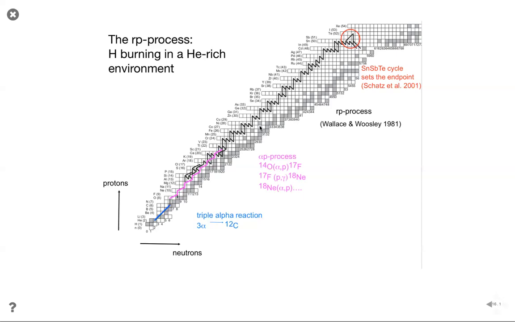This means that this stable isotope cannot be produced in the neutron capture process, because at the end of neutron capture, unstable nuclei will decay to these stable nuclei, and this one, and this one, and this one cannot be reached by neutron capture processes.